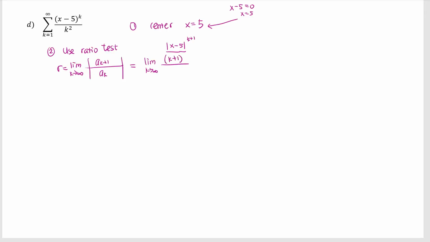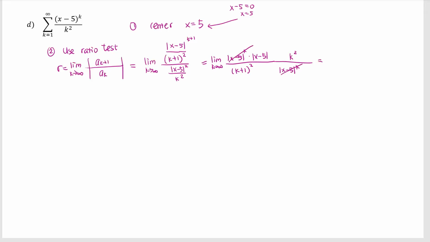And here we have k plus 1 squared over the denominator, x minus 5 to the k and k squared. Alright, let's split. So we split this as x minus 5 to the k and x minus 5. And then the denominator, we're not able to split it, so just leave it like that. And then x minus 5 to the k is downstairs, k squared is upstairs. So we cancel this one.